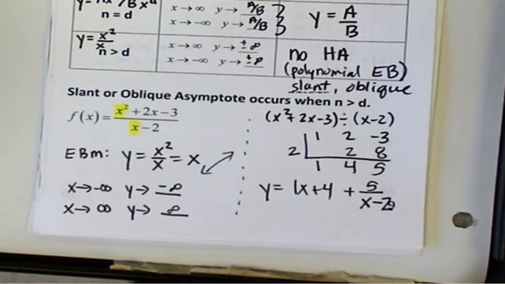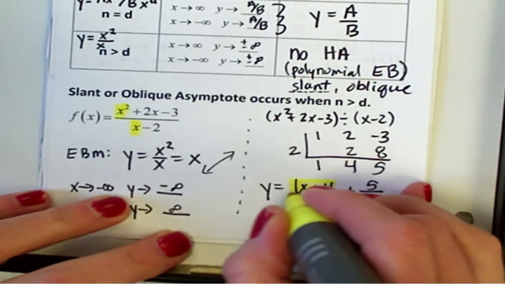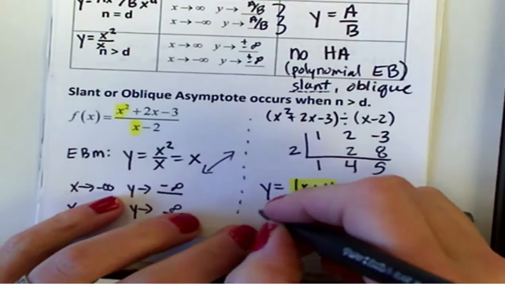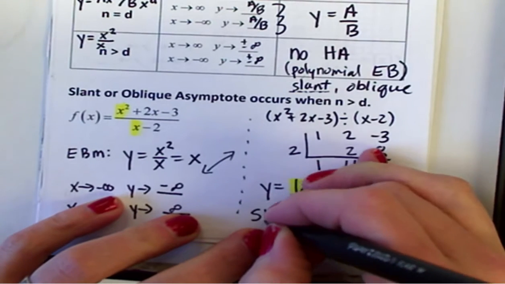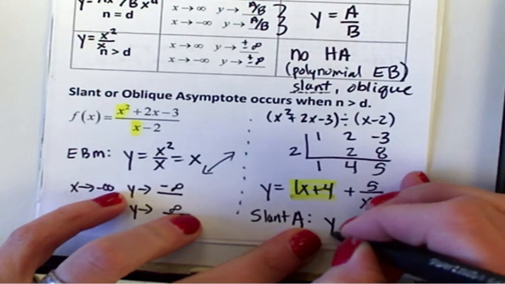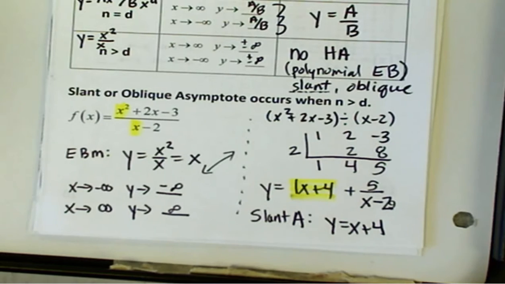My slant asymptote is where the K would have been. It's x plus 4. That is the slant asymptote. I usually abbreviate it SA, but I'll write it. Slant asymptote is where the K would have been.